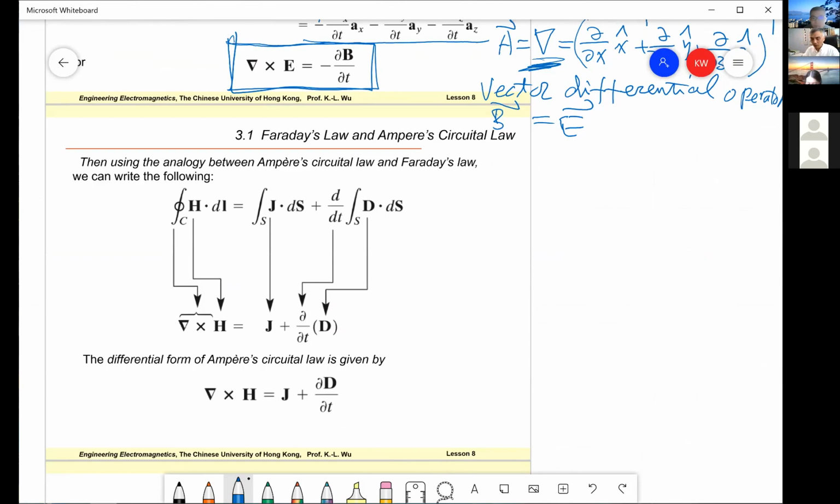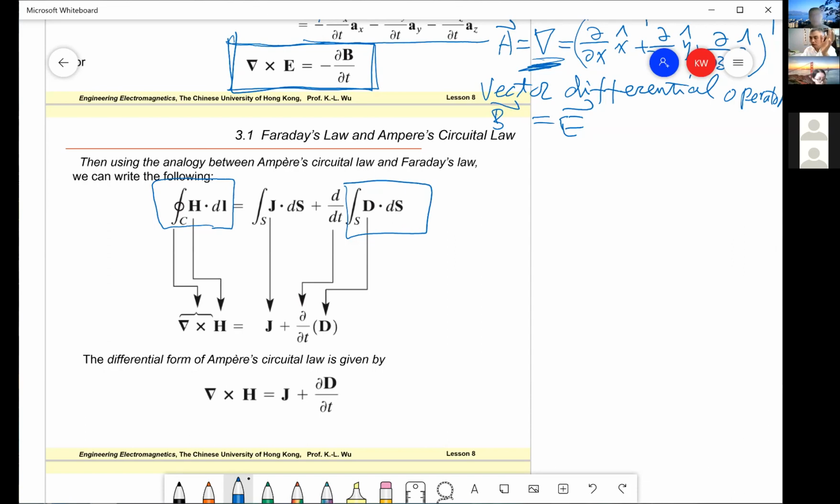Now let's look at Ampere's law. Ampere's law also needs to deal with, on one side, a circulation, a vector line integration. On the other side is a time derivative of a flux density, with a flux.